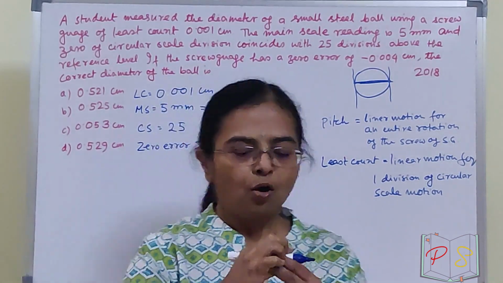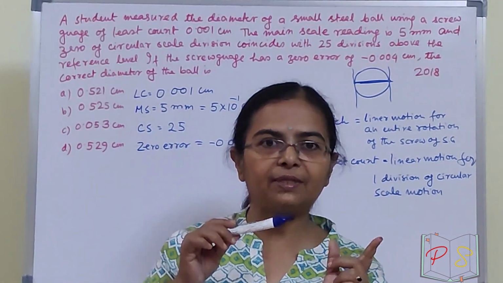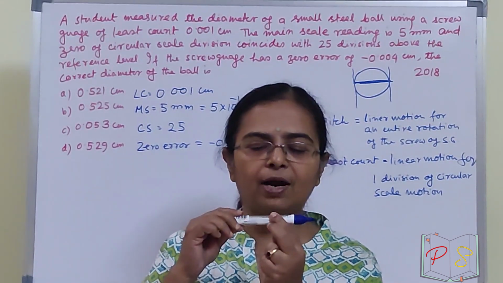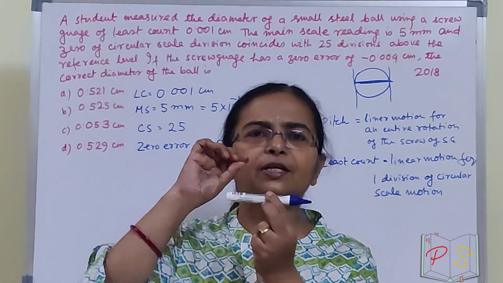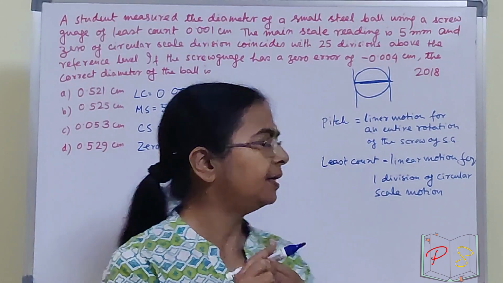Clear? For one division of circular scale motion, whatever be the linear movement. Now you understand this is very difficult to get directly: for one small division of circular scale motion, what is the linear movement?